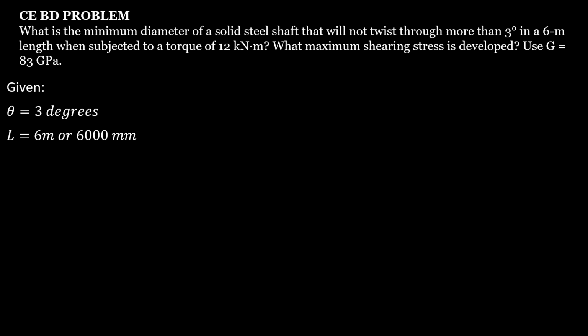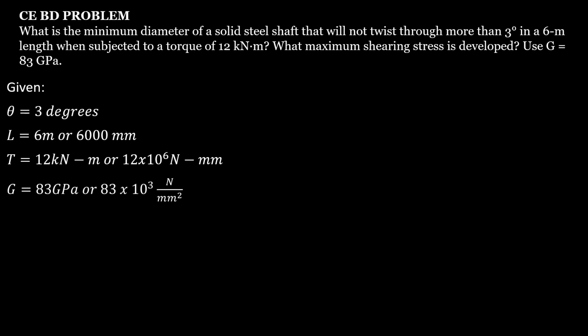Our second given is the length of our solid steel shaft, which is equal to 6 meters or 6,000 millimeters. And the third one among our givens is the torque value, which is 12 kilonewton meter or 12 times 10 to the 6 newton-millimeters.